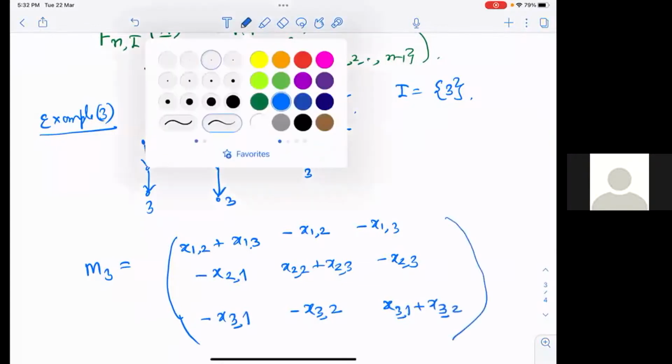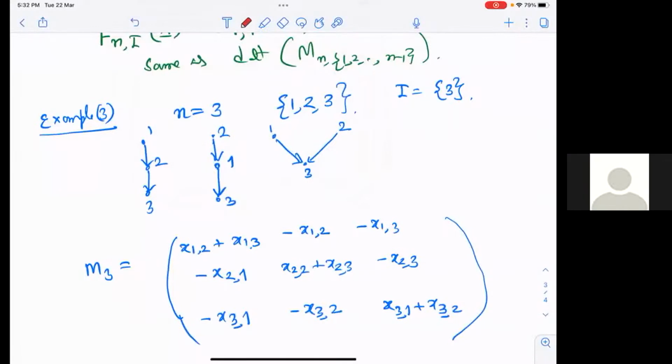Now let's remove the third row and third column.